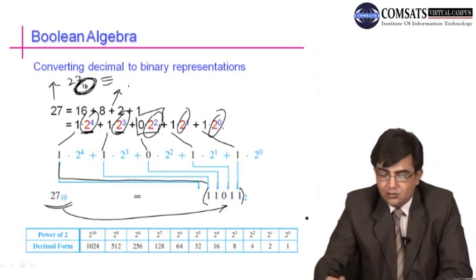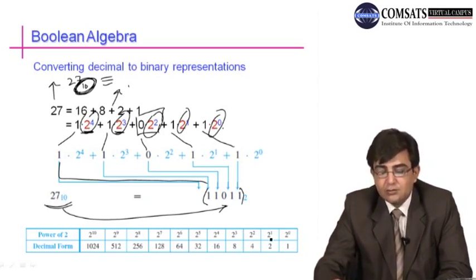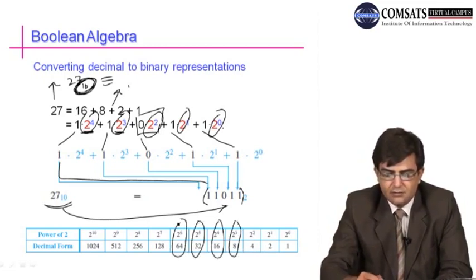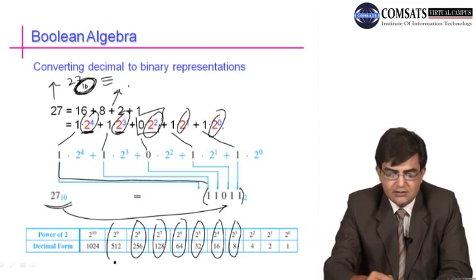Just to remind you, the powers of 2: 2 power 0 is 1, 2 power 1 is 2, 2 power 2 is 4, 2 power 3 is 8, 16, 32, 64, 128.